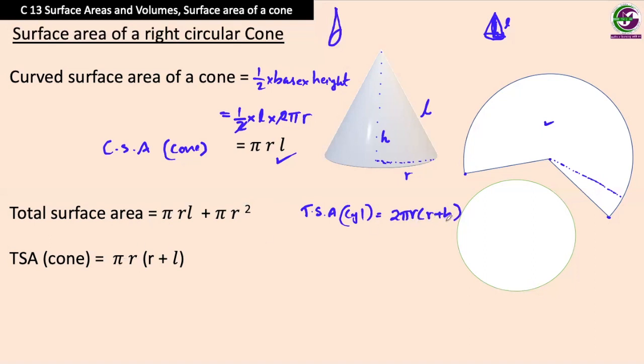This is r plus h, and here it is r plus L. And remember, there is no 2 here. And at the same time, curved surface area of a cylinder is 2 pi r h. So instead of L in the cone, we have h, and also we have 2 in cylinder. Just a comparison so that you are not confused.